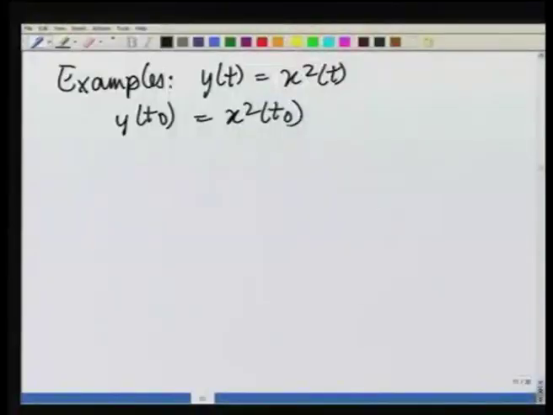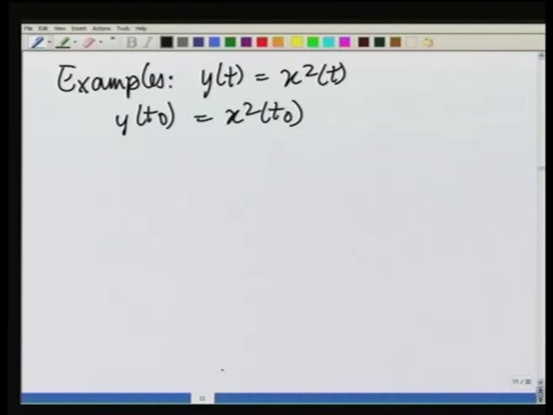Whatever value of x t we have for other points t, they will have no influence on the value of y t at t naught. Thus, y t naught is simply equal to the square of the number x t naught, x squared t naught. This therefore is a memoryless system.